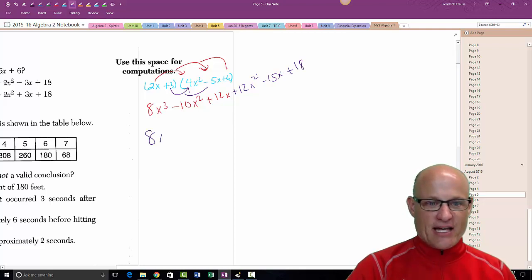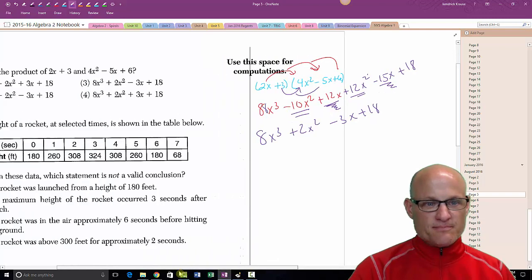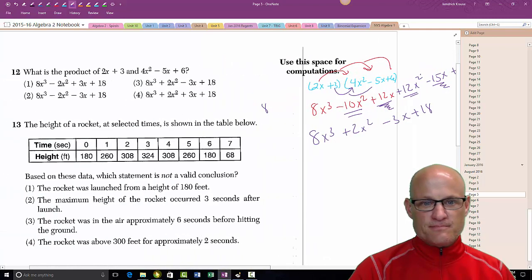So I get 8x cubed plus 2x squared minus 3x plus 18. Is that one of your answers? Looks like it's this one.